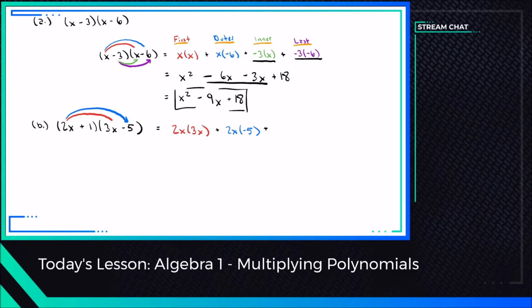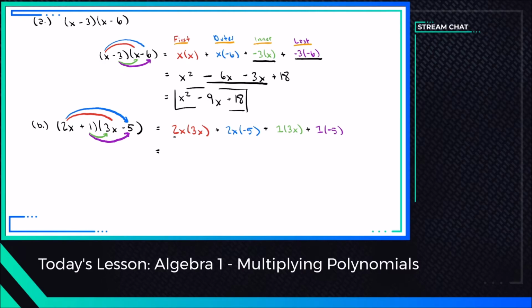Then we're going to go over to the 1 and multiply it by the 3x. That's going to be our inside terms. And then finally, we're going to take our 1 and multiply our last term. And that negative has to come with it, so that's going to be a negative 5. So now we just multiply these out and combine like terms.